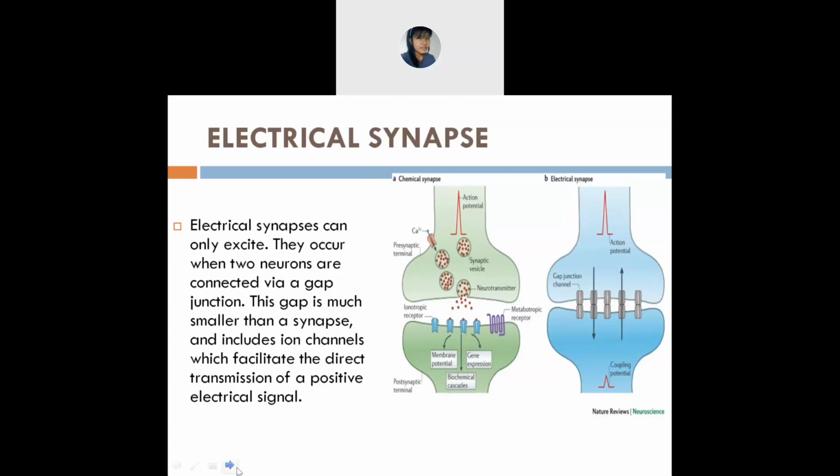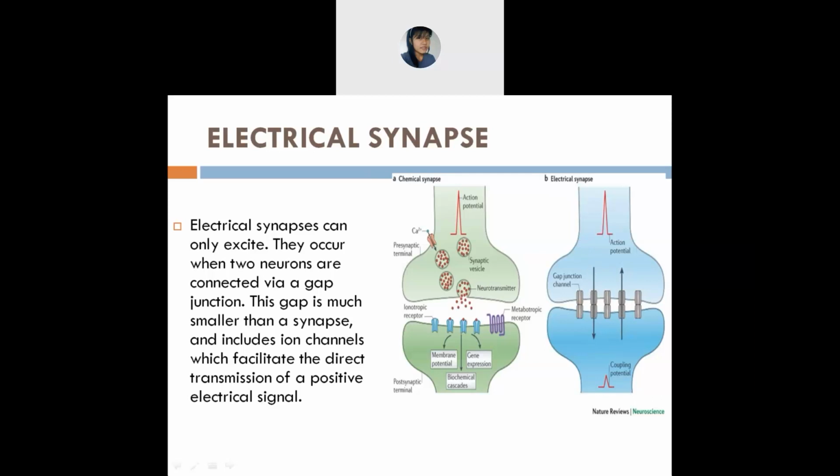All right. Next is electrical. In the electrical synapse, we find that they can only excite, meaning only excitement occurs here. It occurs when two neurons connect via a small gap between one neuron and the other. When the two connect in a smaller gap, it is known as an electrical synapse.